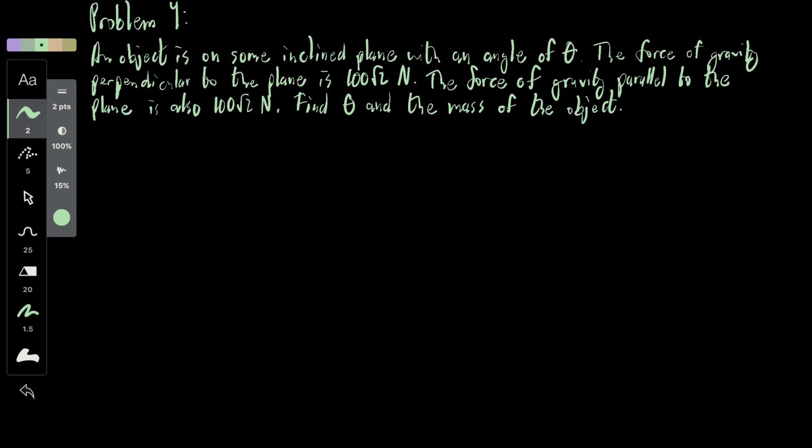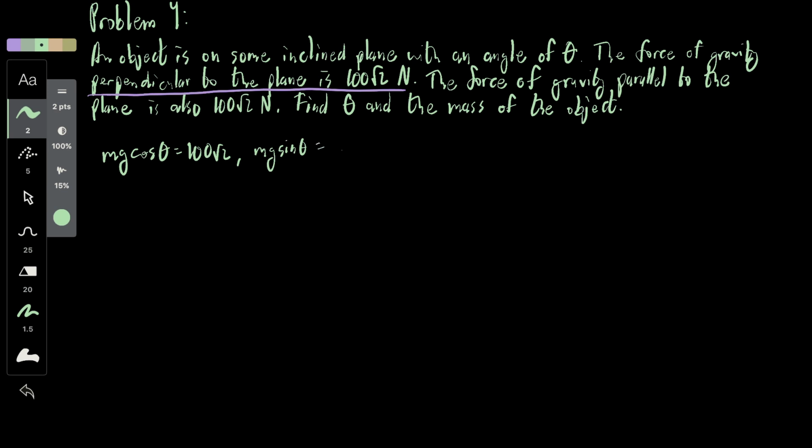So, if the force of gravity perpendicular to this plane is 100 times the square root of 2 newtons, that means mg times cosine theta is equal to 100 times the square root of 2. Now, the force parallel to the plane is mg sine theta.